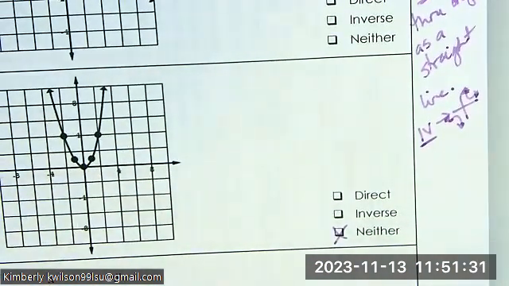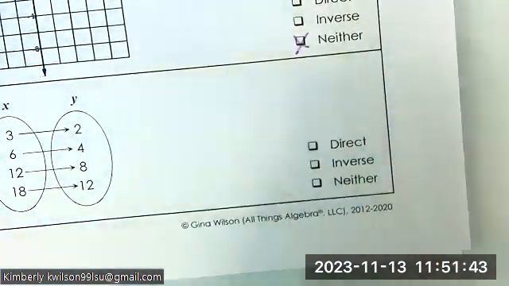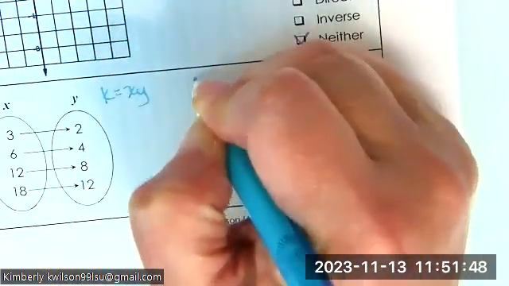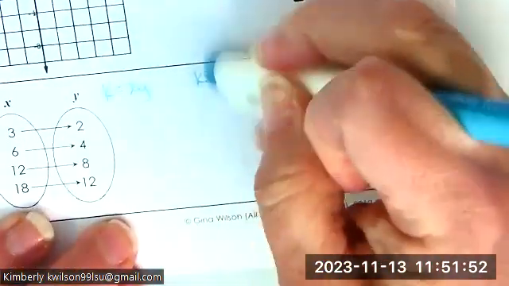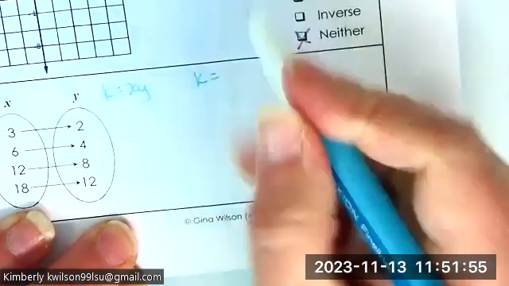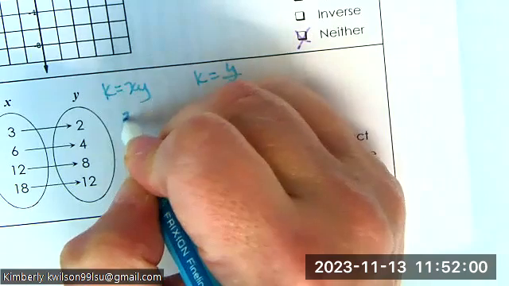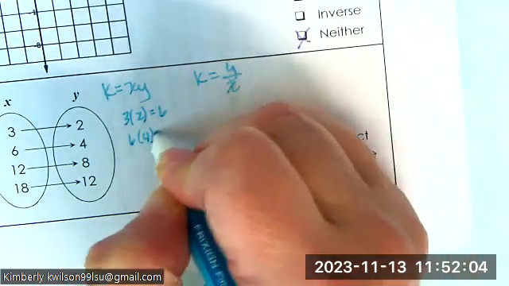Let's jump down and look at the last example, 21. We're trying to determine, is it direct variation, inverse, or neither? Well, let's test. We've got to see both. So we're going to try k equals xy. Then we have k equals y over x. No, flip-flop that. Shame on me, Miss Wilson. It's always y over x because it's rise over run. So we have 3 times 2, which is 6. 6 times 4, which is 24.